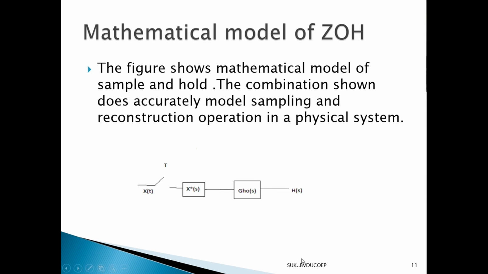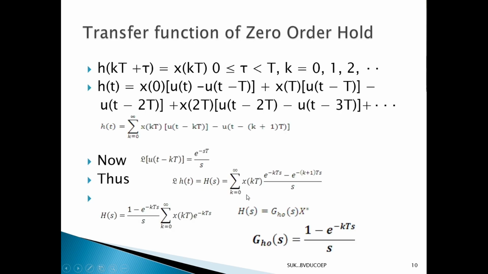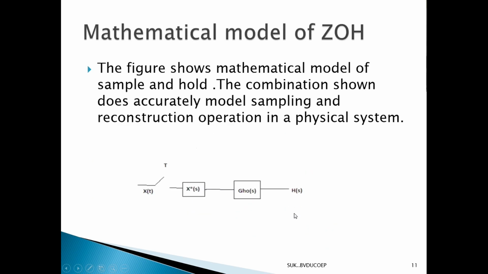So H(s) is X star(s) into G_ho(s). This is the mathematical modeling equation. Physically x star s is not observed, but the complete model can be seen like this, a model of sampling and reconstruction in a physical system.